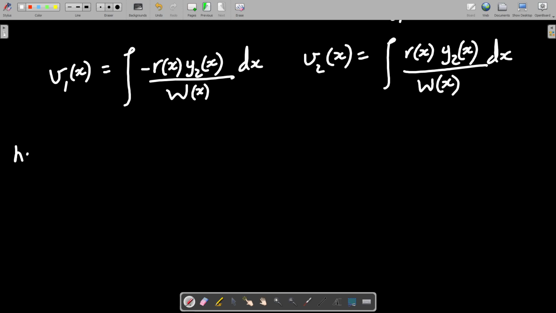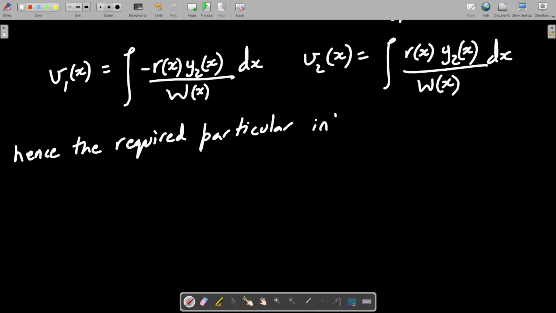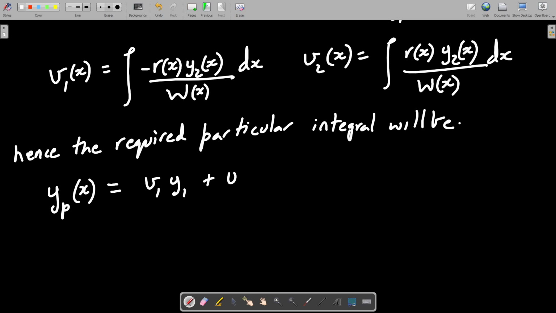Hence the required particular integral will be yp of x equal to, I had written v1 y1 plus v2 y2, but now because there's an integral sign involved, I'll write y1 first, otherwise it will create some confusion. One more thing I can do is keep the minus sign out.